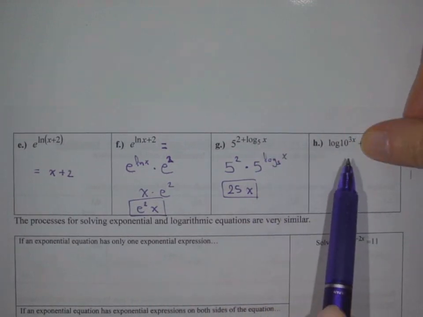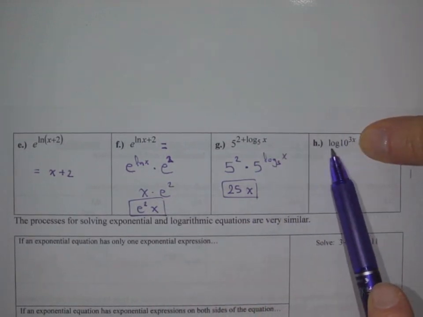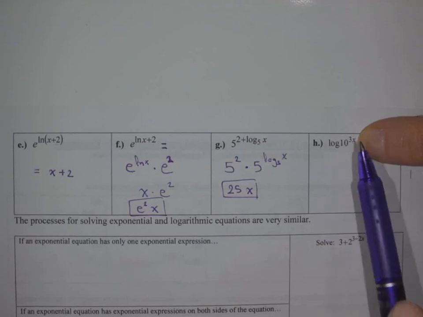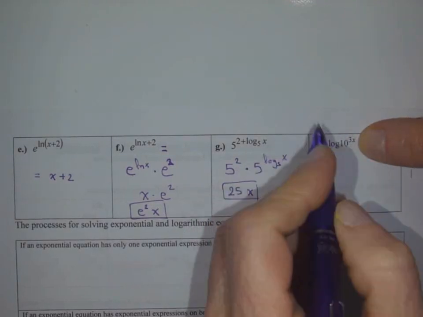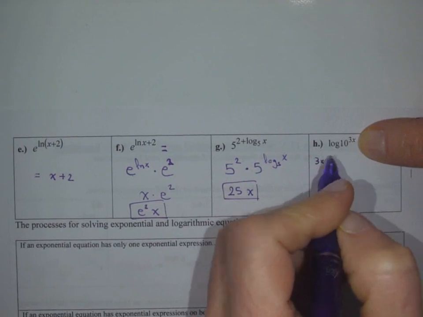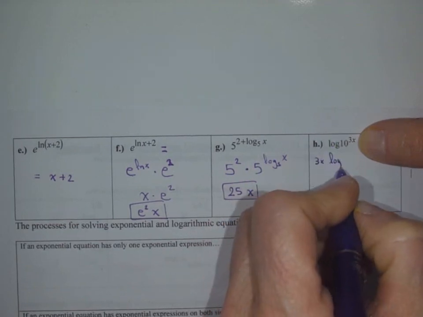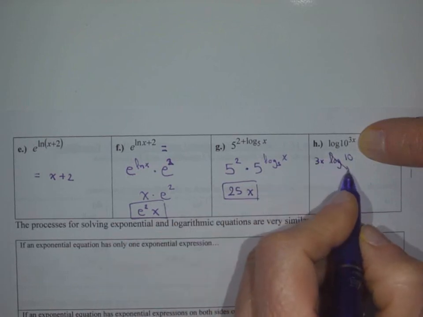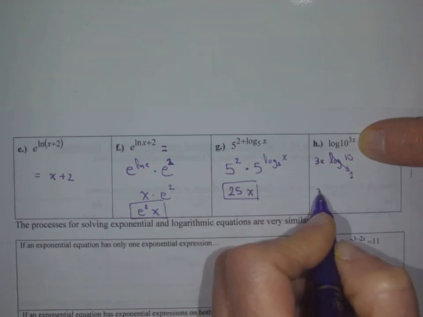So forget about this natural log for a minute and let's just look here. This is a base 10 that I don't see, and when the base and the argument are the same, they go to 1, right? So take your 3x to the front, and then I have a log base 10 of 10, and that will go to a 1, and so I'm left with just 3x.